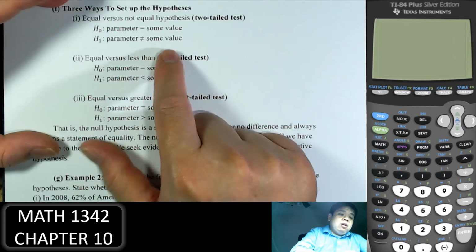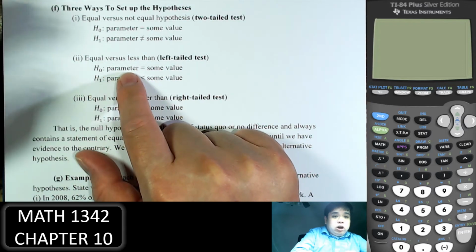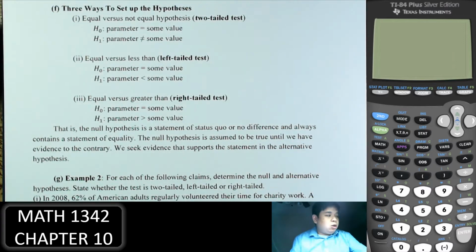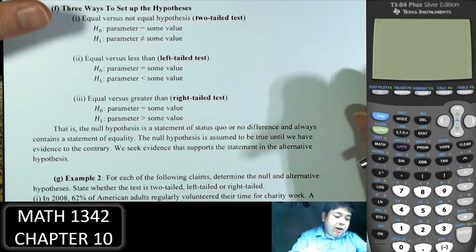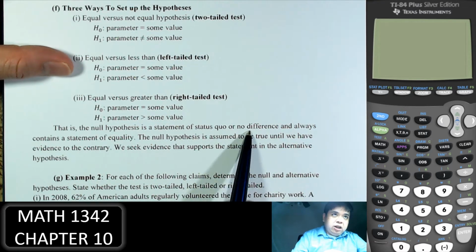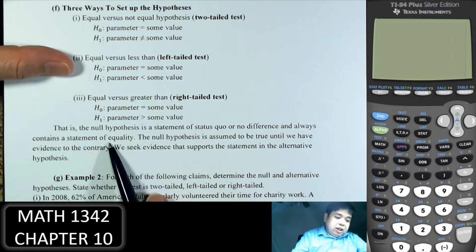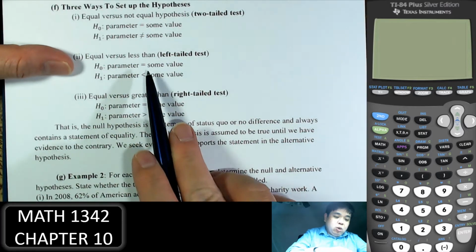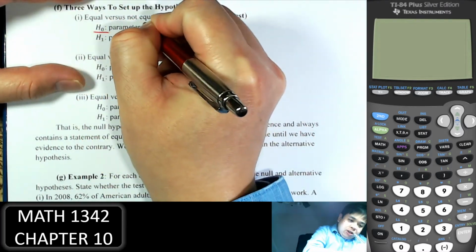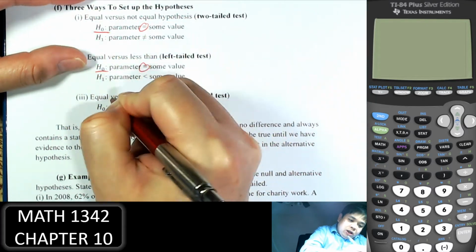And the alternative hypothesis could be not equal to, less than, or greater than, depending on the problem we're working with. The null hypothesis is a statement of the status quo, no difference, and always contains the equality, meaning an equal sign in the null hypothesis. So for the null hypothesis, always an equal sign.